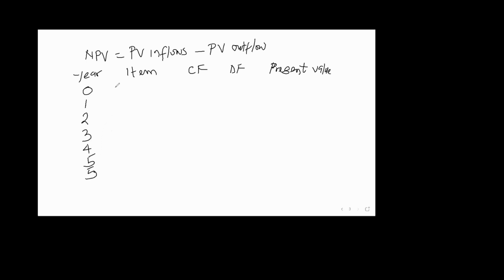In year 0, initial cost of the project. What is the initial cost of the equipment, please? Initial investment cost or capital cost? 3 million. 3 million naira, if I want to put it in full.